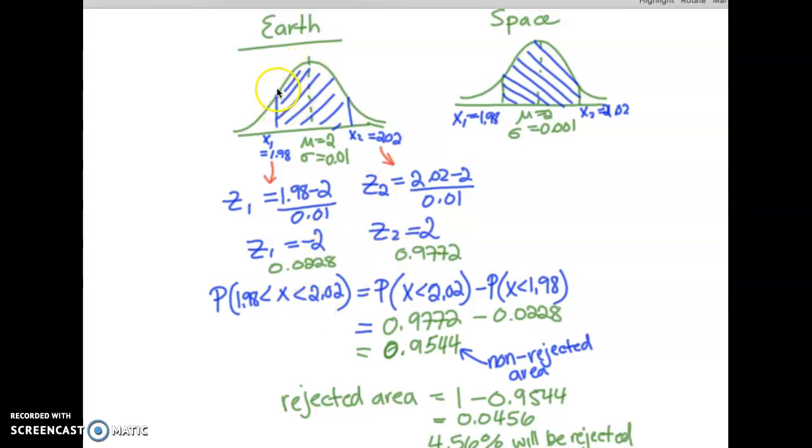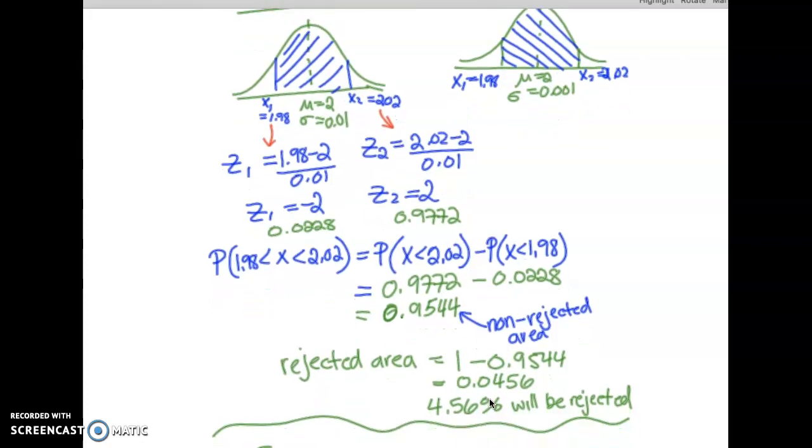And so to find the probability of it being within the acceptable range, we take the probability of x being less than 2.02 and we subtract the probability of x being less than 1.98, and that gets us the acceptable percentage. Once you know the acceptable percentage, you can find the rejection percentage by doing 1 minus the acceptable percent.